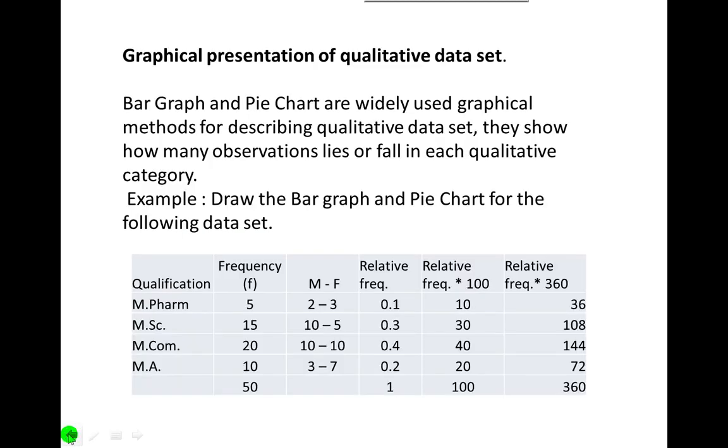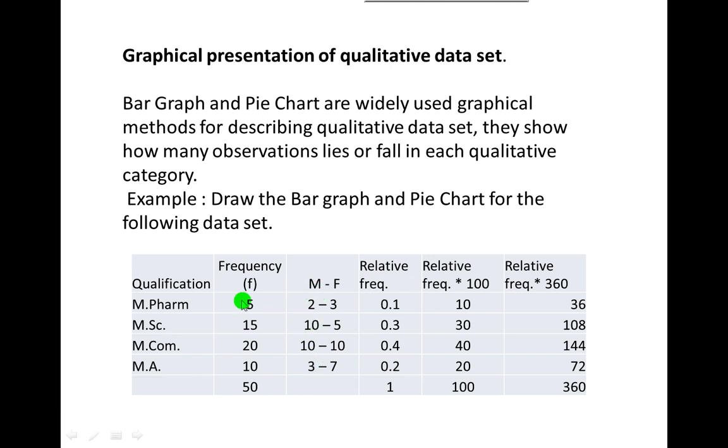And now for the next graph, multiple bar graph. Suppose you have this type of data: out of 5 observations, 2 are male, 3 are female. This is not a group, these are different values. 10 male in MSc out of 15, 10 in MCom qualification, 3 male in MA.